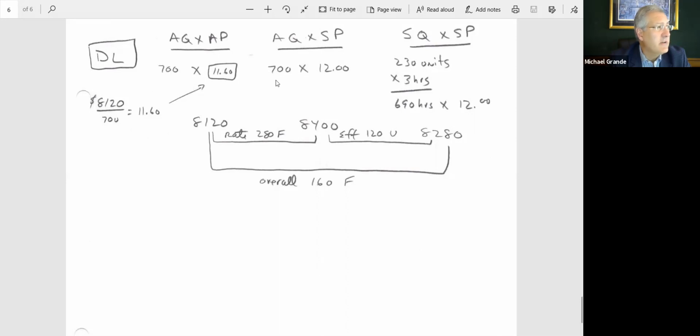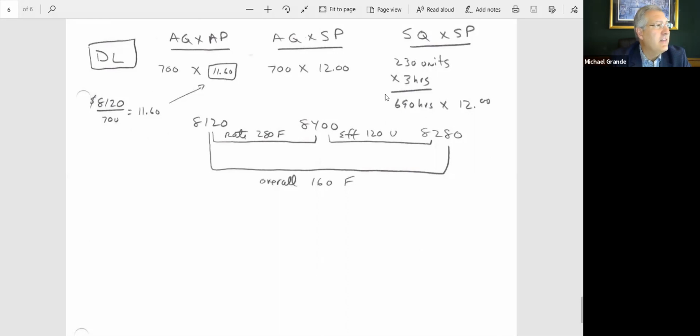They actually worked 700 hours. The standard price $12. This middle number is 8,400. The rate variance is favorable. Why? They should have paid them $12 an hour. They paid them $11.60 an hour, 40 cents per hour savings, over 700 hours, $280 favorable variance. No problems there. Good job.